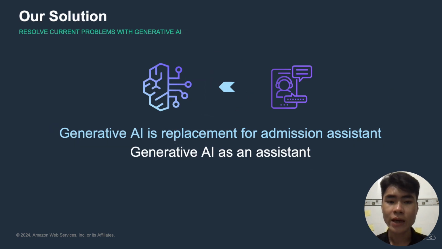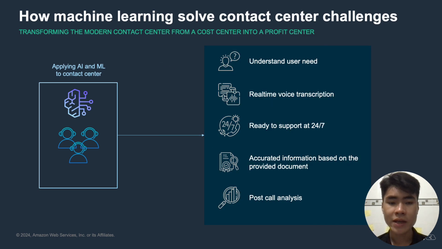So we can consider a solution that utilizes generative AI as an assistant. We would replace repetitive tasks of contact center agents with the capabilities of generative AI. By integrating generative AI into this solution, we can achieve several key benefits.